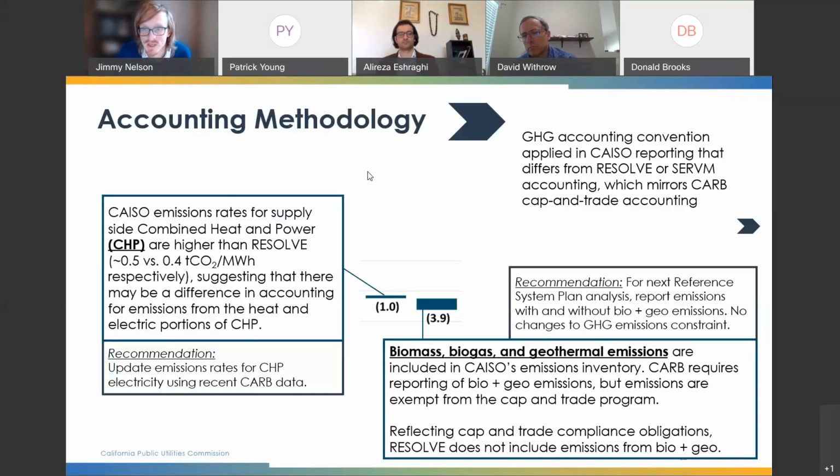We all understand that these plants emit carbon, but it's a different scope. So the recommendation here is pretty simple. In the future we can report things in Resolve and SERVM both ways. We can give biomass, geothermal, and biogas an emission factor, but not necessarily include those emissions under the greenhouse gas cap. If you did that, that would explain away just about 4 million metric tons of the delta between the two. Next slide.